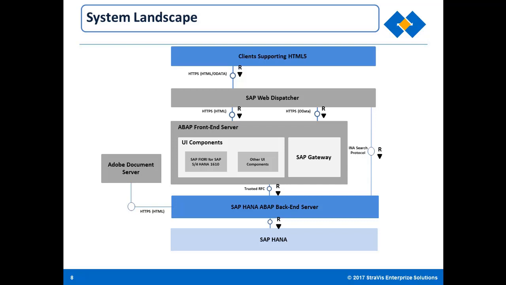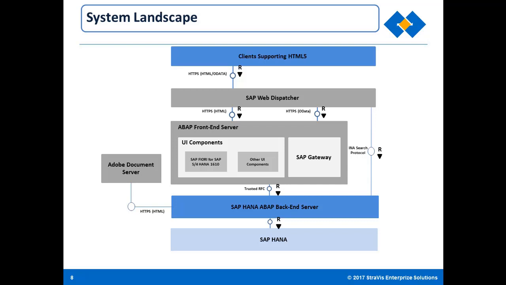You would install a NetWeaver 7.5 and 7.51 ABAP stack. On top of that, you would be deploying the related components for your UI that would be supporting your S4HANA 1610, and on that you would also have the SAP gateway, which would be connected. So the ABAP Fiori front-end server, which is also called your SAP gateway server, would be connected to your backend 1610 using a trusted RFC.